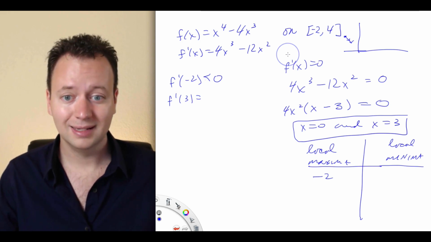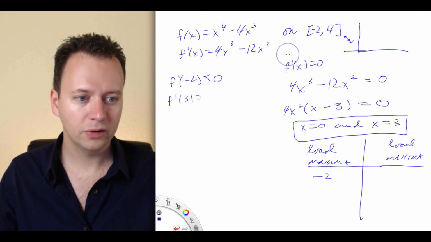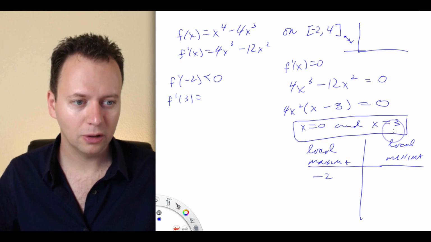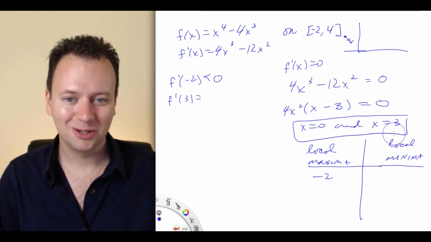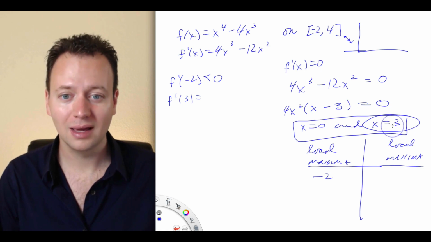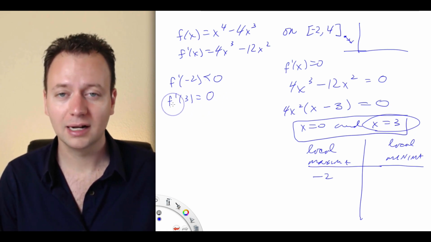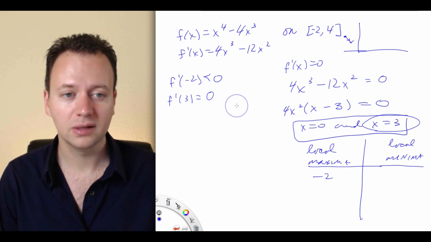Ooh, it's 0. Oh, of course it is. That's not the endpoint, that's the critical point. So it's a good thing that that's 0 because it's a critical point. We found the point x is equal to 3 because we looked for points that satisfy the equation f prime of x is equal to 0.